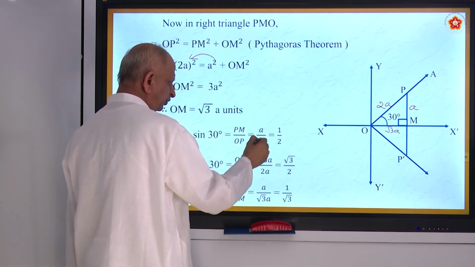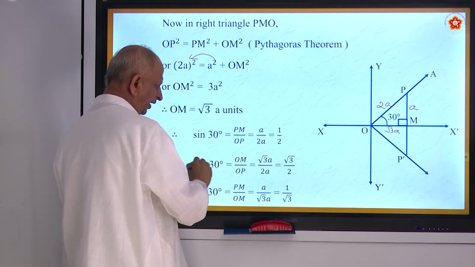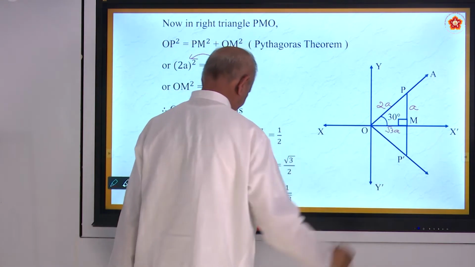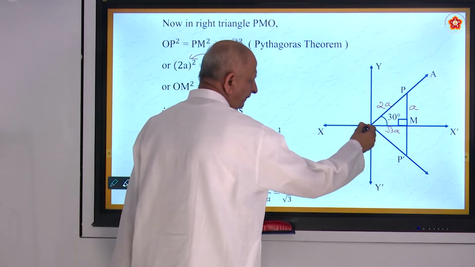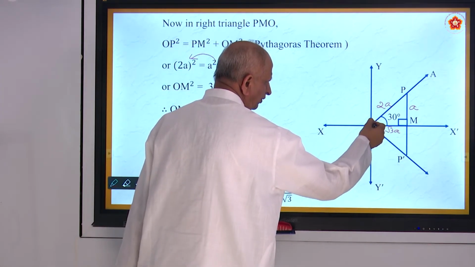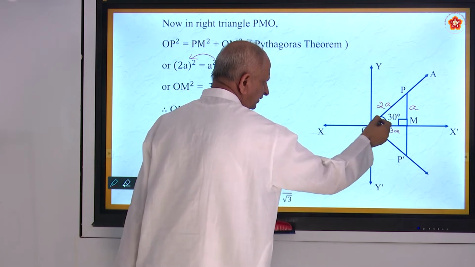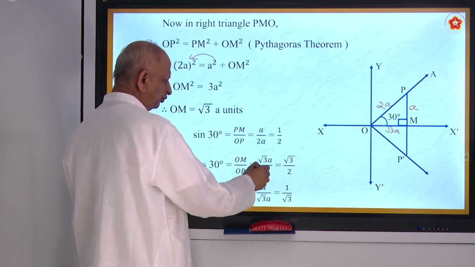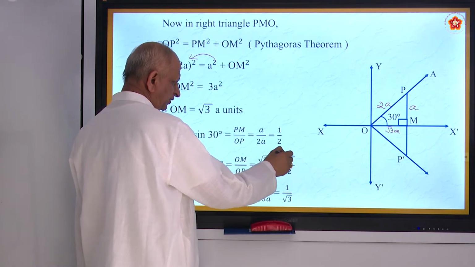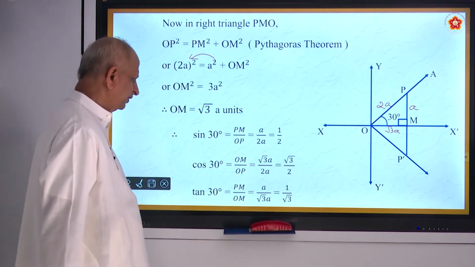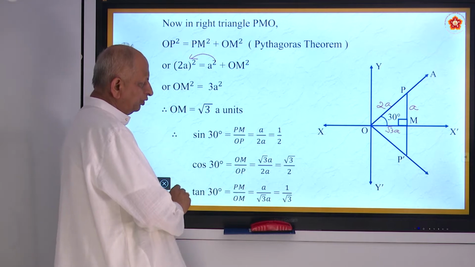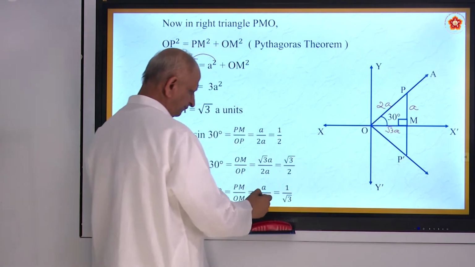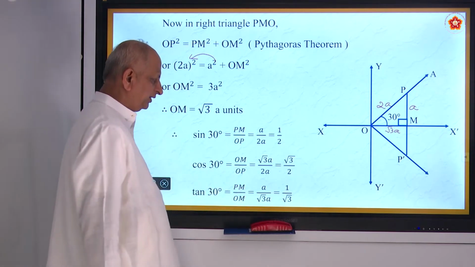So A by 2A, that is half. Cos 30 is equal to OM by OP, adjacent side by hypotenuse. So root 3A by 2A, A and A cancel, root 3 by 2. Tan 30 is equal to Y by X, A by root 3A, A and A cancel, you get 1 by root 3.